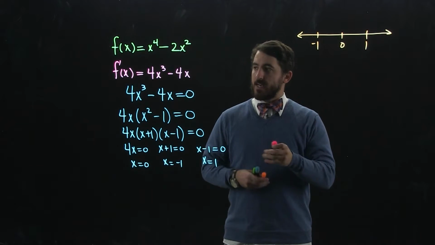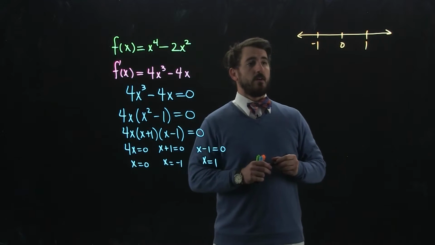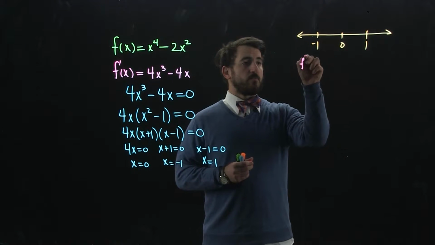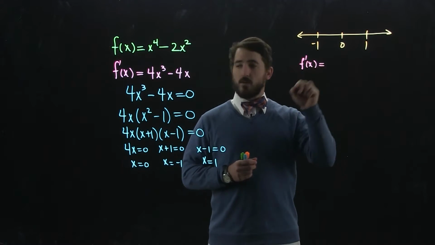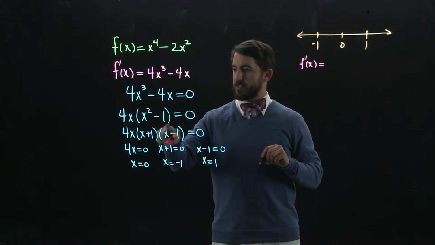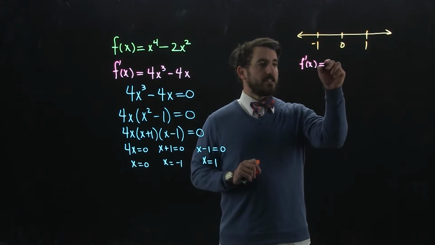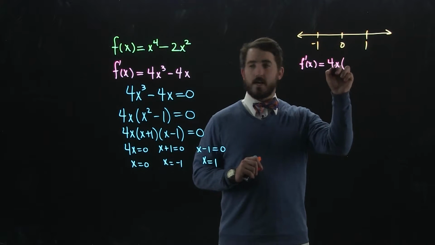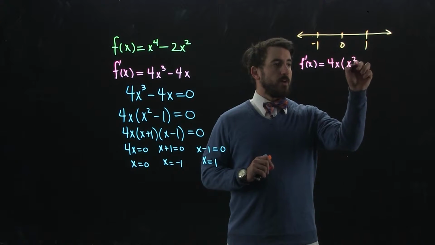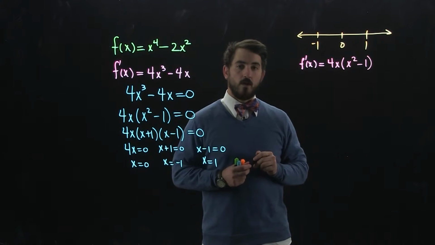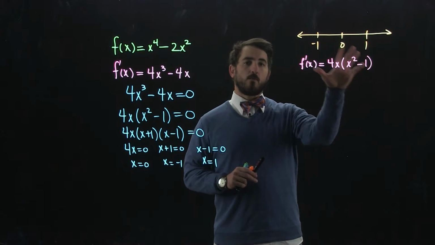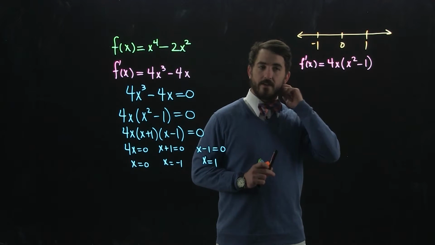So I'm going to test into the derivative. Remember, f prime of x equals 4x times x squared minus 1. So when I'm testing values, I will be testing values into the derivative.